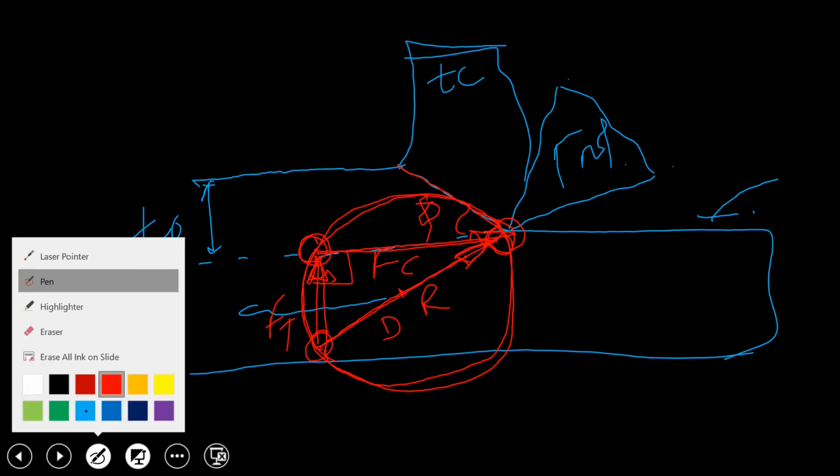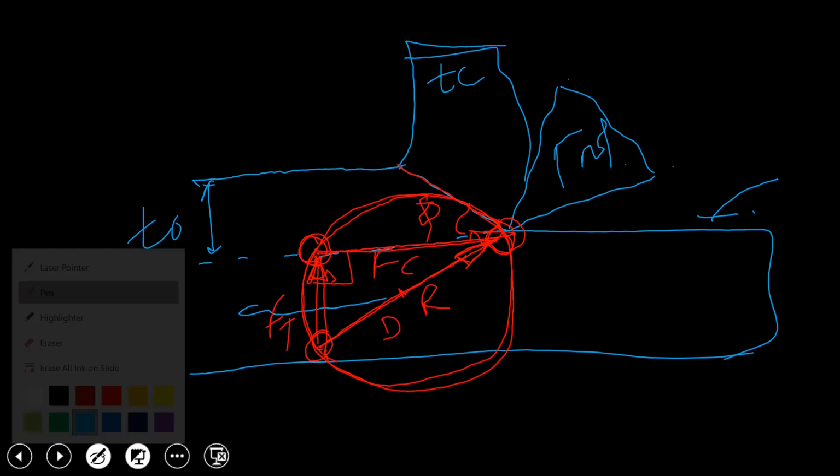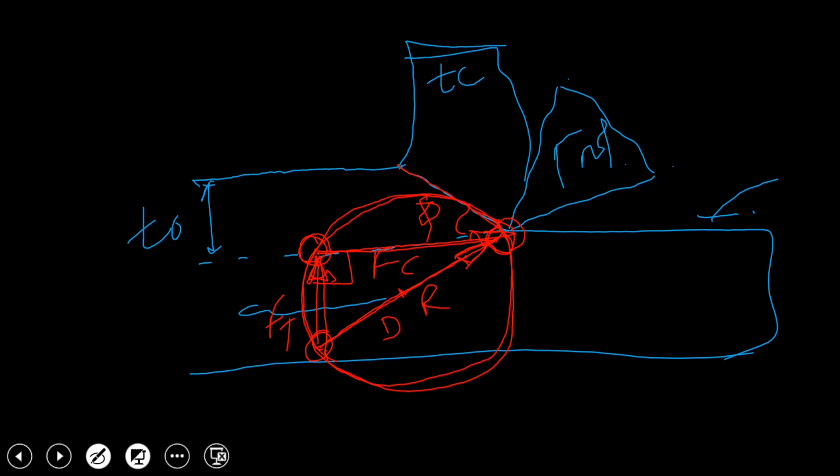Additionally, let me change the ink. This is the shear force Fs. If I draw a perpendicular to this shear force, it will appear like this one.